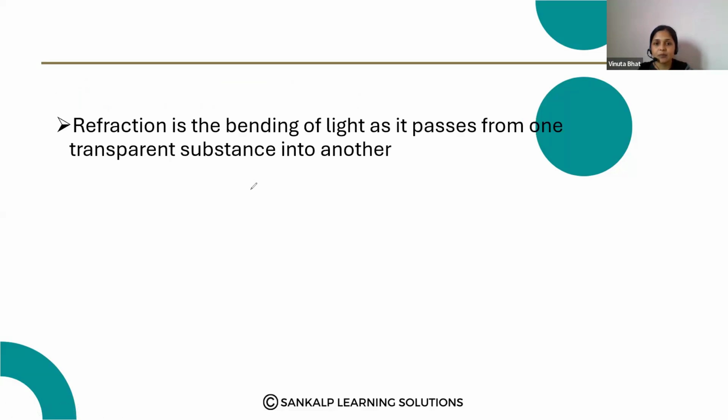So when the light comes from the sun and enters the atmosphere, it bends. When light passes from one transparent substance to another substance, the light bends.